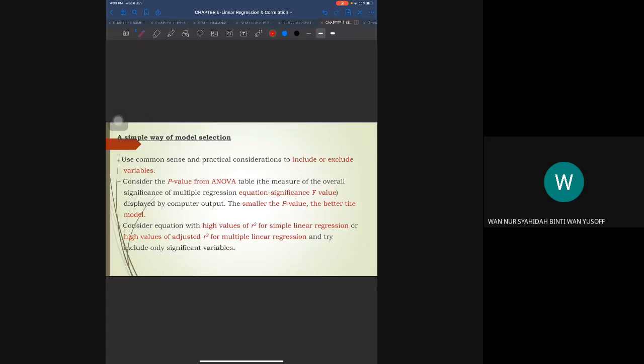If you are already well known with that research, if you're already an expert or you have a lot of experience in that research, then you can use your common sense to include or exclude the variable.